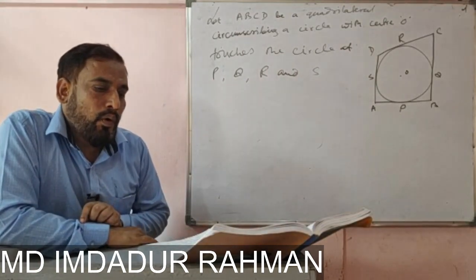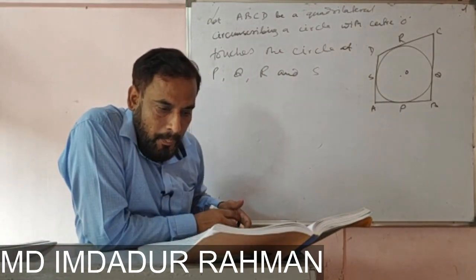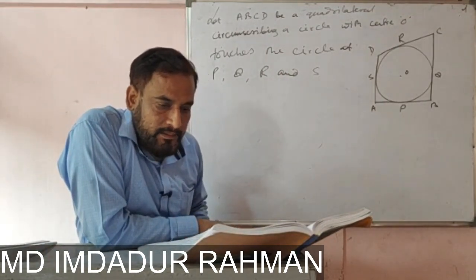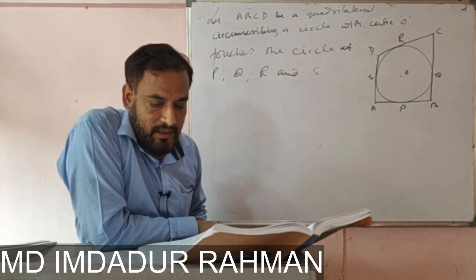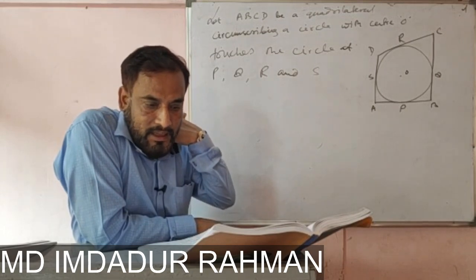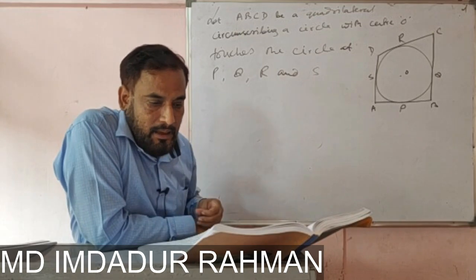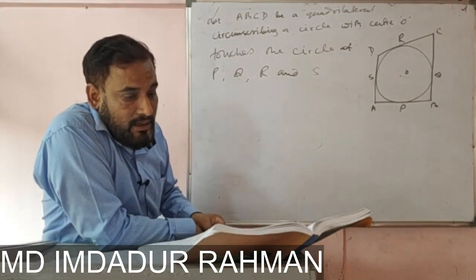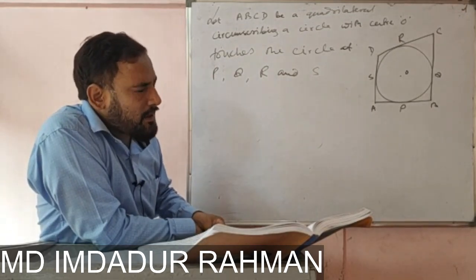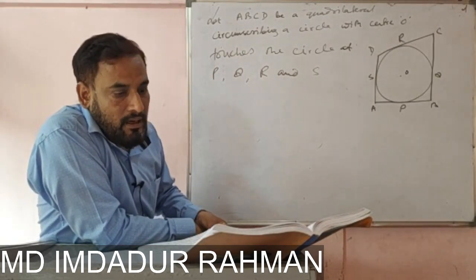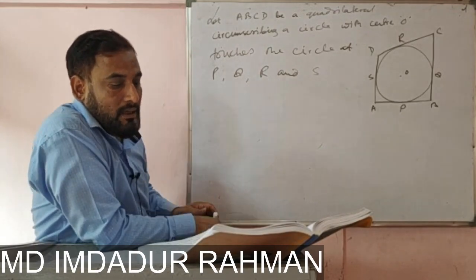Now we have to prove that the opposite sides of a quadrilateral circumscribing a circle subtend supplementary angles.